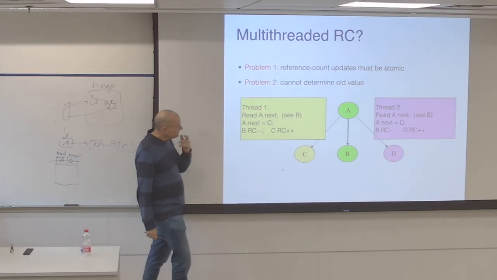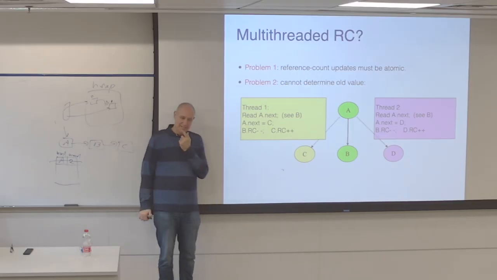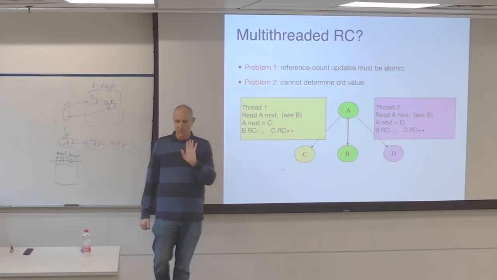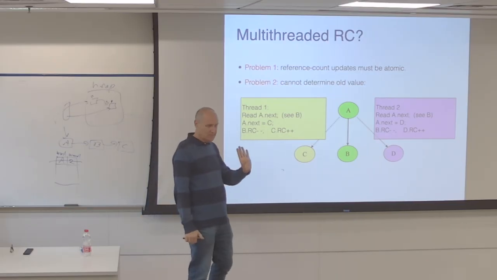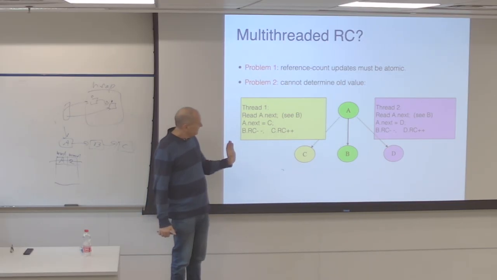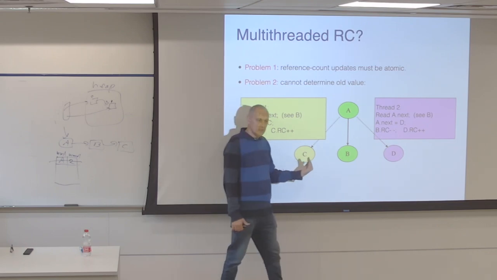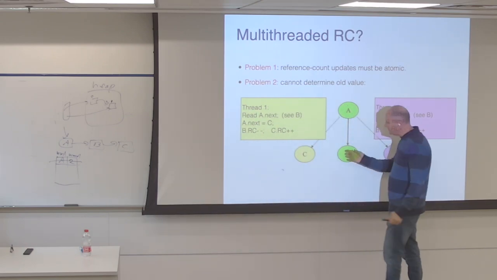Cool. So here's the second, more non-obvious problem that sometimes even experts are not sensitive to. This is a real problem. What happens here is I cannot tell what the old object is. So look at these two.